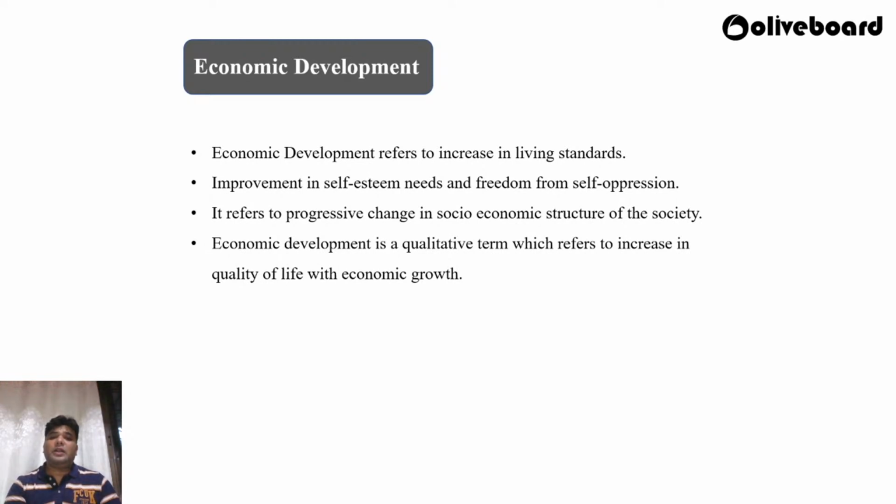Development also means improvement in self-esteem needs. Very important. Why? Because you take a look at European countries. In most of those countries, most of the people, if you see, are happy and they have a higher level of self-esteem, right?